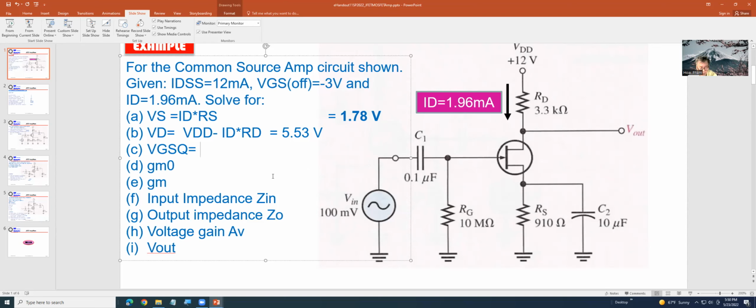You know that will be equal to VG minus VS, and VG is 0 minus VS. So they will be equal to minus 1.78.